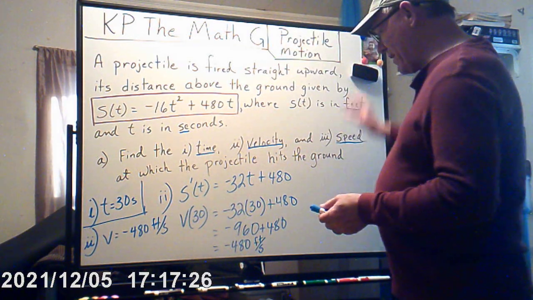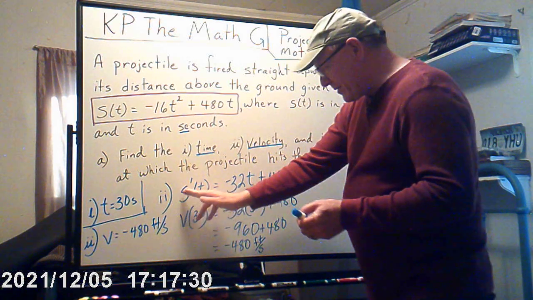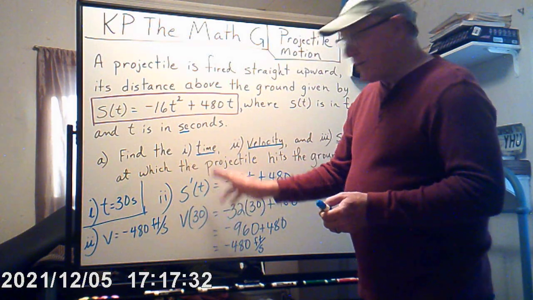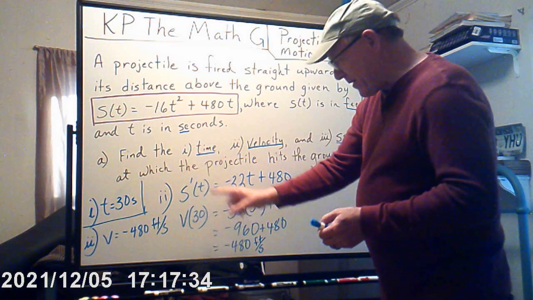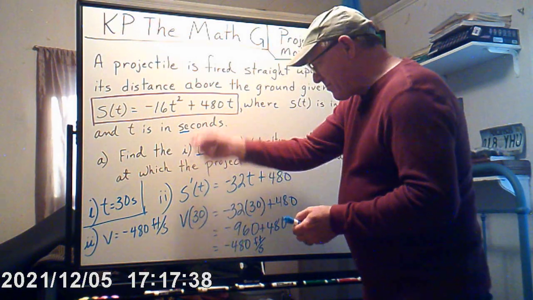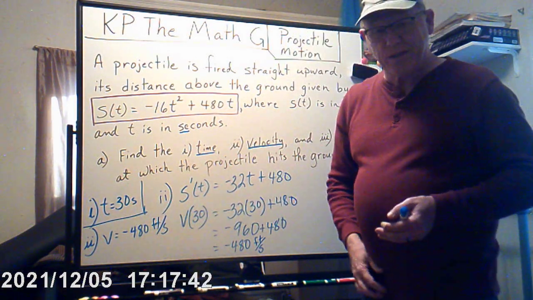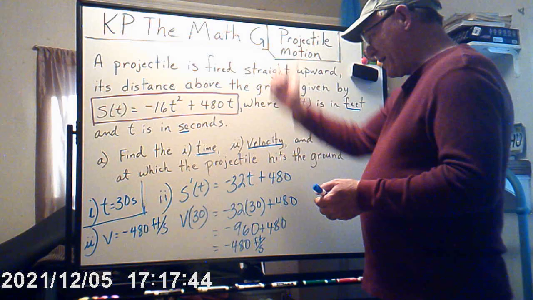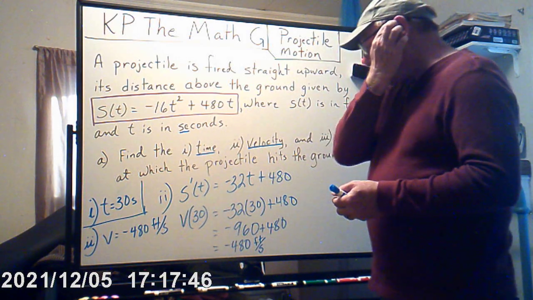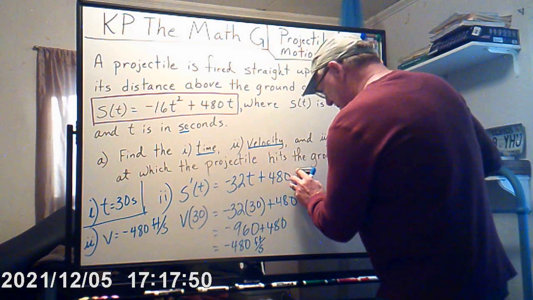Alright, so that's simple enough. Here, you find the derivative of the distance, and then you find the velocity, v at t, but we already know what t is: 30 seconds. It takes 30 seconds to hit the ground. Okay, now, let's see here.